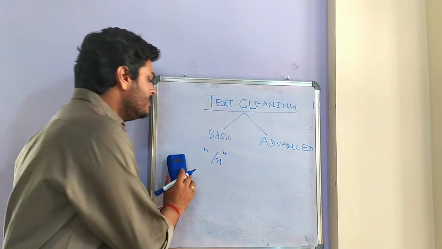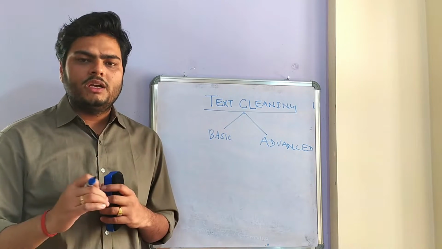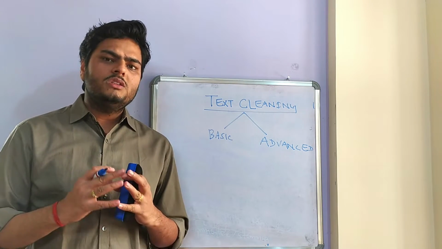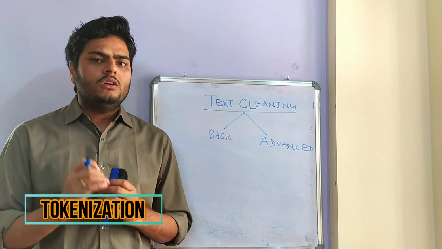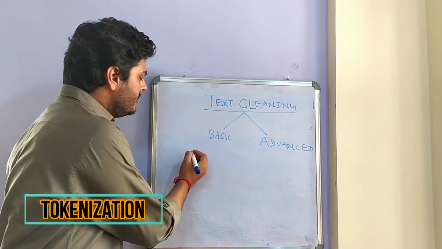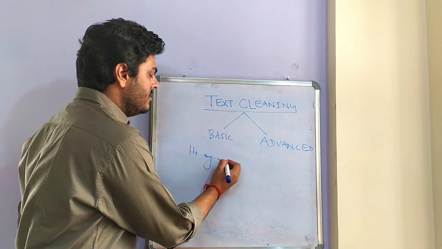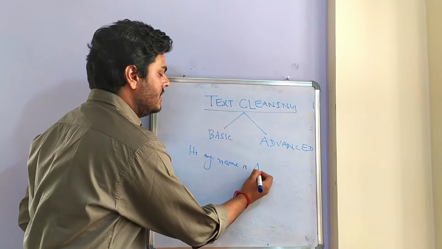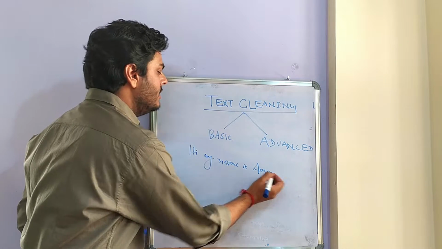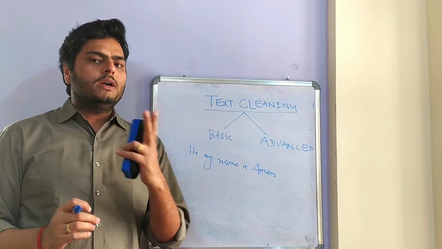Step number 5 of basic text cleaning is tokenizing. So what is the meaning of tokenizing? If there is a sentence, let's say, hi, my name is Aman, there are two kinds of tokenization.